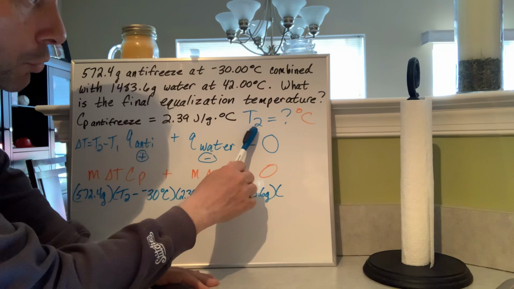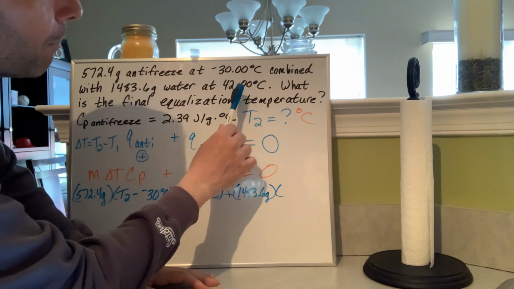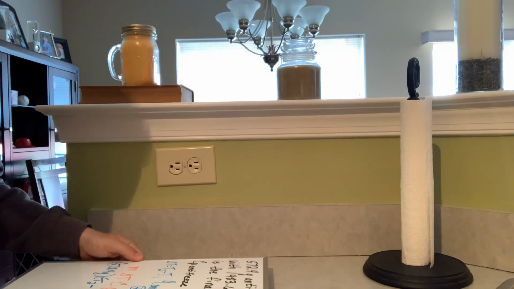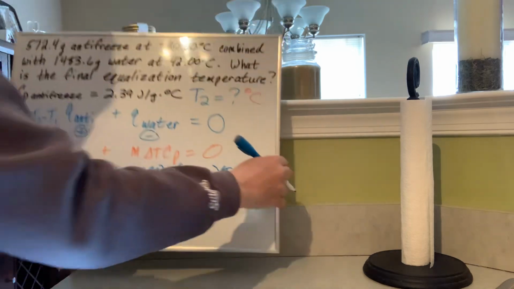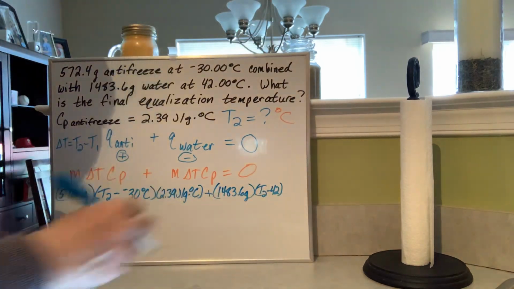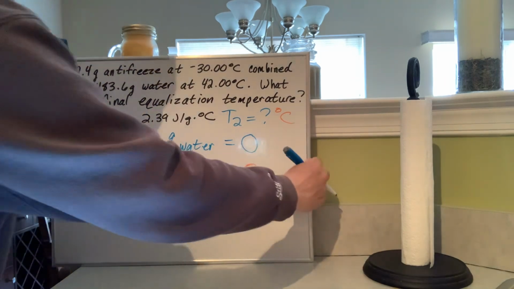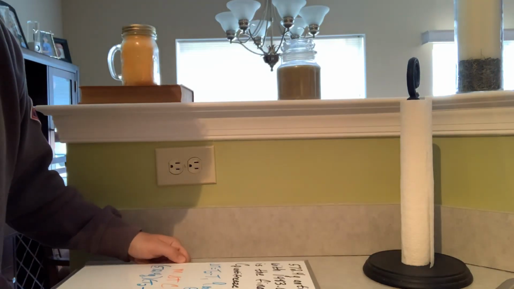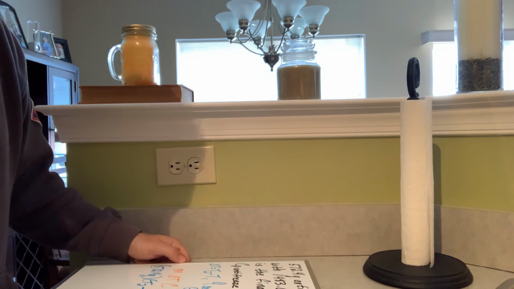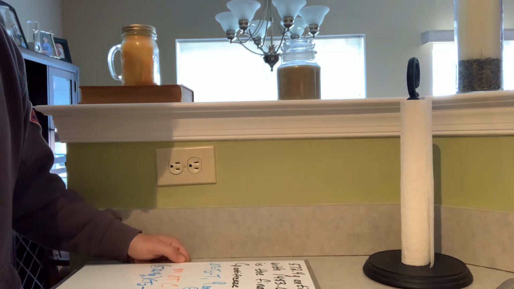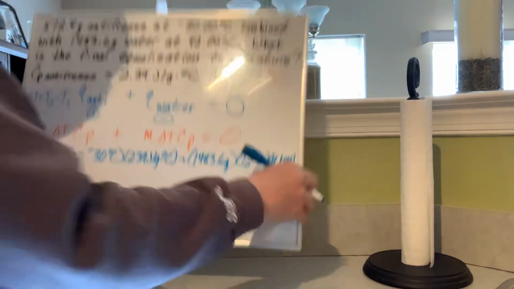We got T2, which we don't know, minus T1, which is 42. So I'm going to do T2 minus 42. I'm not going to write the Celsius in because I'm running out of space here. And the CP value for water is 4.184. I'm going to set all of this equal to 0.